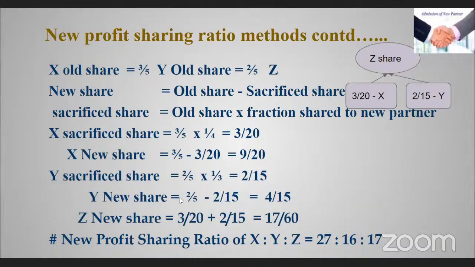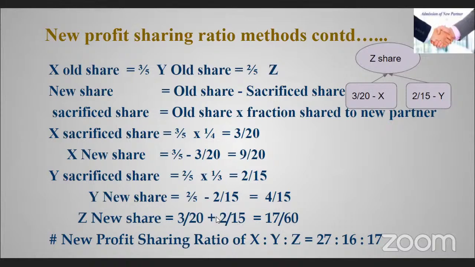Now Y's new share is 2/5 old minus sacrificed share 2/15, so do the LCM, and you will get the final answer 4/15. Now Z's share.